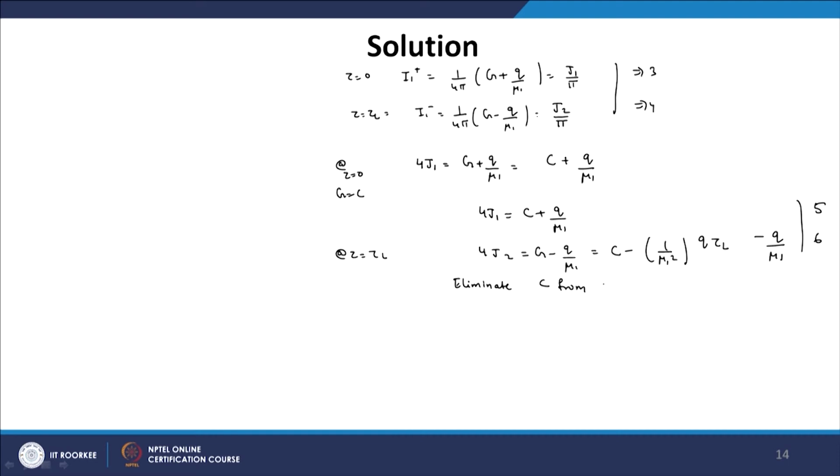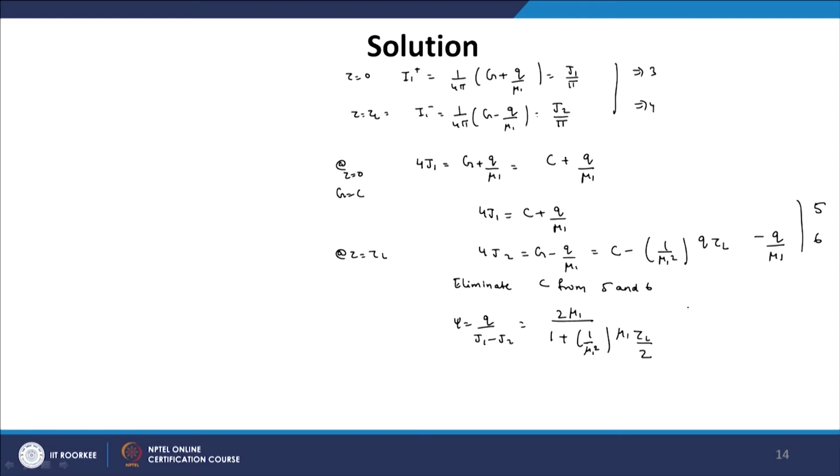Eliminating c from 5 and 6, we can write down the non-dimensional heat flux in terms of radiosities, q by (j 1 minus j 2), as 2 mu 1 upon 1 plus 1 upon mu 1 square times mu 1 tau L by 2.